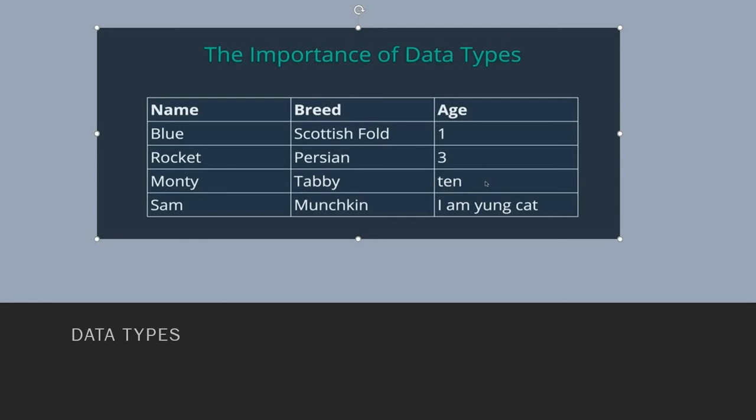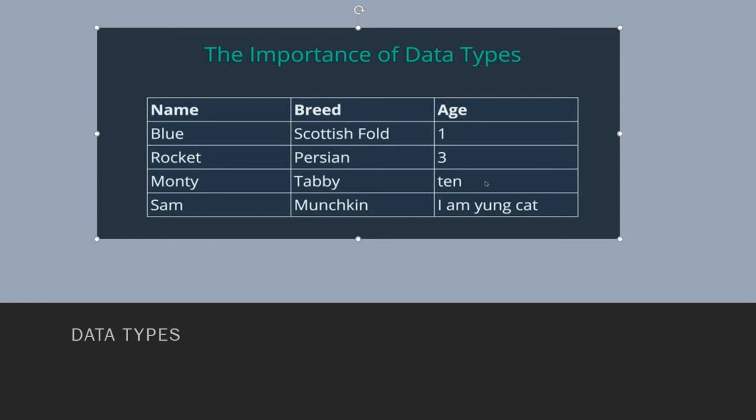So when you create a new table, you actually have to specify name has to be text and breed has to be text, age has to be a number, and there are a whole bunch of different data types under age. So this is a number and this is a text probably. Those are just what I am calling them in the English version, and you will see them in just a second, but to illustrate why it's so important that your data matches.